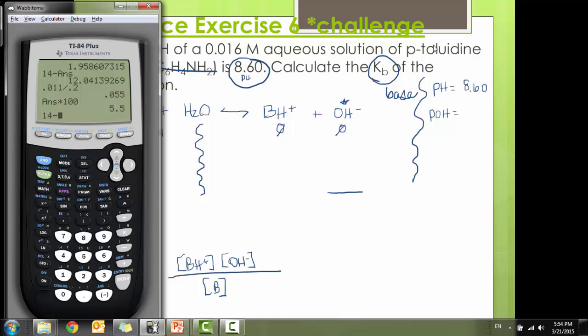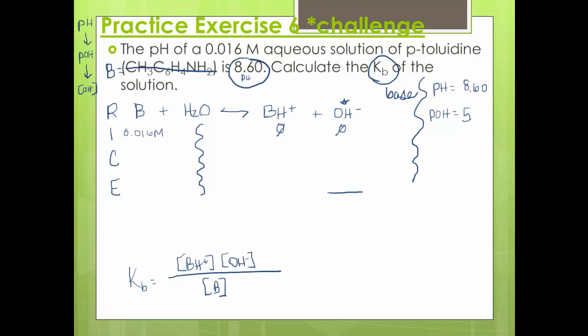So 14 minus 8.6, 5.4. Okay, and then my next step to get the OH concentration, I'll write out this formula. It's 10 to the negative pOH. So that's going to be 10 to the negative 5.4.